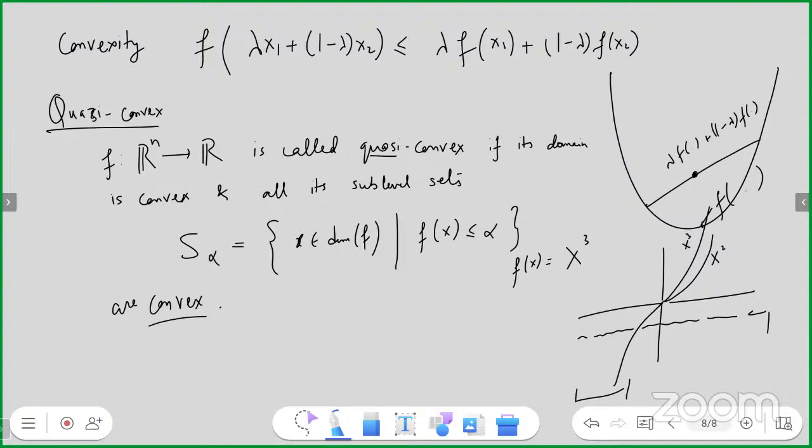Any other example? A function which is not even quasi-convex. What about log? Is it quasi-convex? What is the log function? Just simply this. Is it quasi-convex?